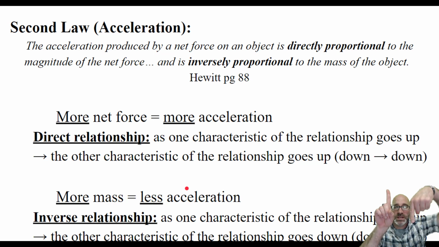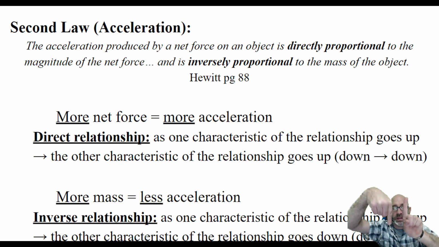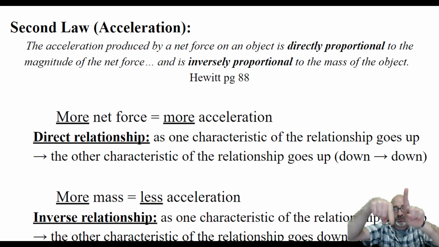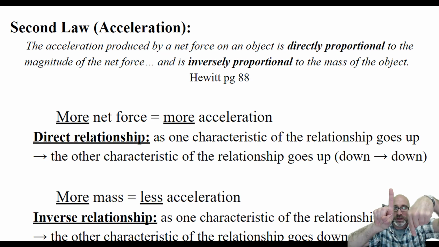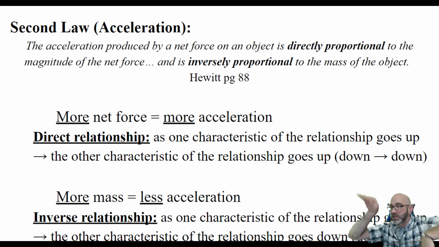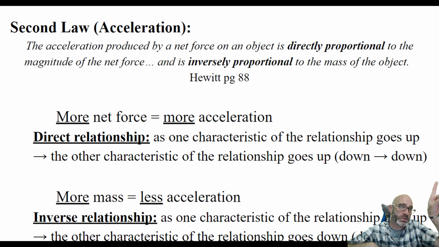This is what's known as an inverse relationship. As one characteristic goes up, mass, the other characteristic goes down, acceleration. And they can flop back and forth. These are more like Egyptians, right? As one thing goes up, the other thing goes down.